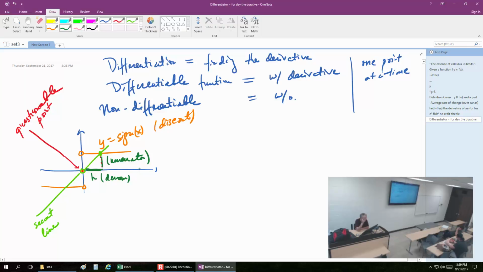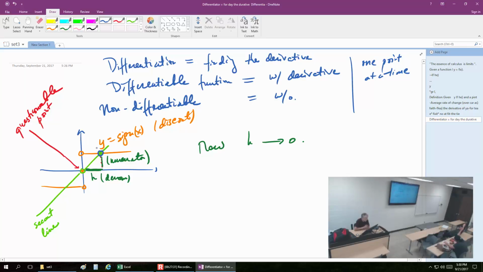So just try to imagine what happens to these secant lines as h gets smaller and smaller. What's happening? The secant line goes closer and closer to 0. They're flat. No, they're not going to be flatter. The other point will remain on the graph.